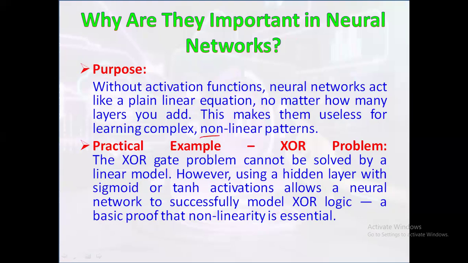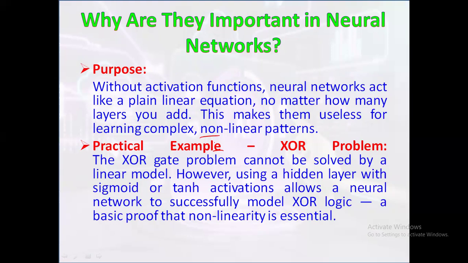Without them, the network cannot perform better than a straight line classifier, regardless of how many layers are added. Different activation functions like ReLU, tanh, and sigmoid help capture various types of nonlinearities present in input data.